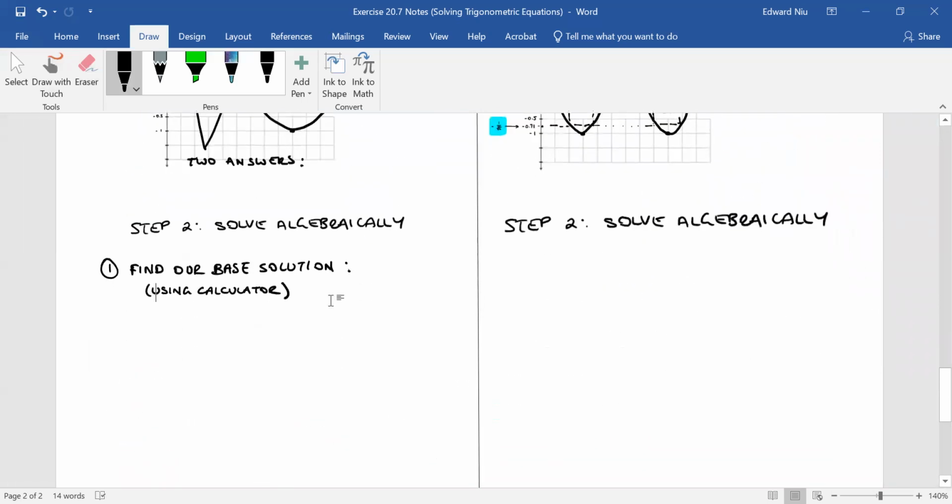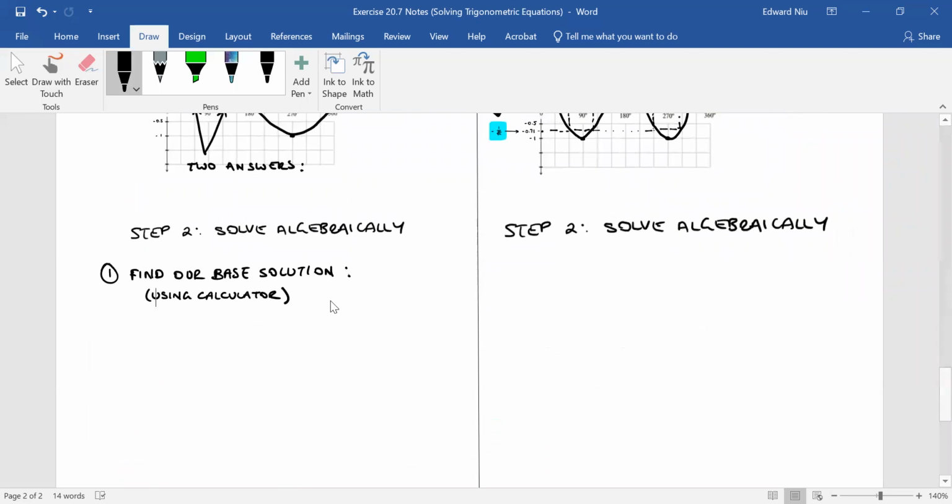So sine x equals √3 on 2. Therefore, if we use our linear equation skills, x is going to equal sine inverse of √3 on 2. Let's see what this is.